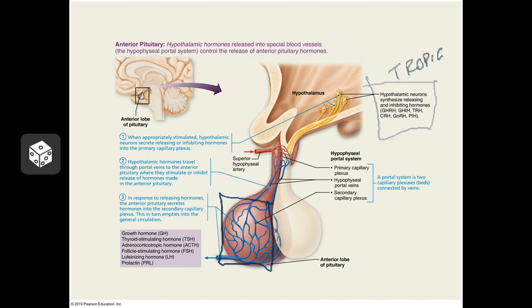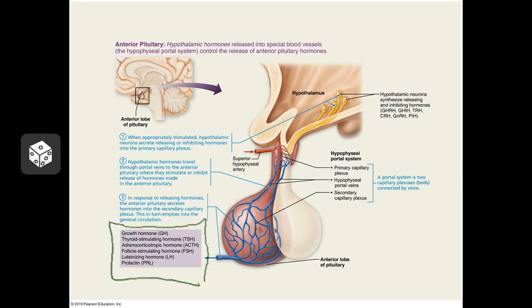These are secreted, diffusing down their axons, picked up in the first capillary bed, transported through the portal veins to the second capillary bed, and it is this second capillary bed where those regulatory hormones leave the bloodstream and target their specific target cells. And these specific target cells will then secrete these different anterior pituitary hormones. We'll look at those in more detail later.